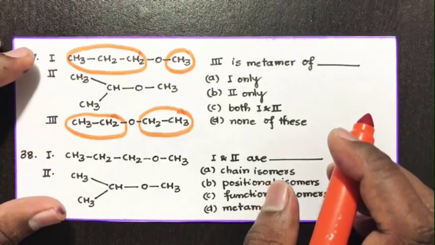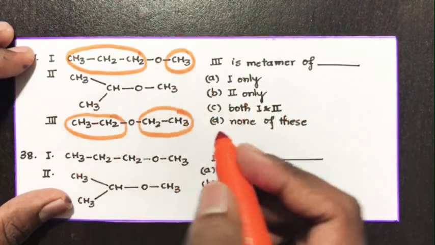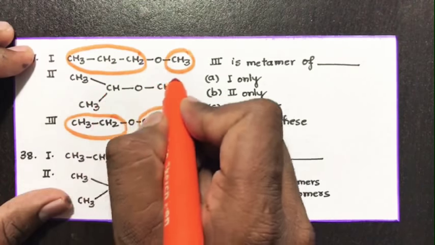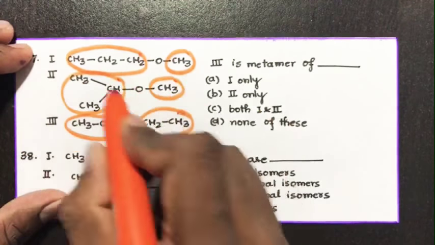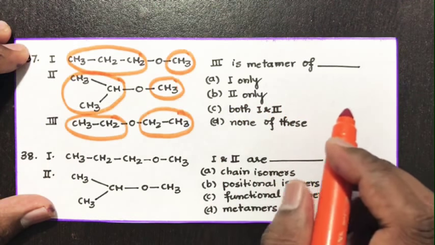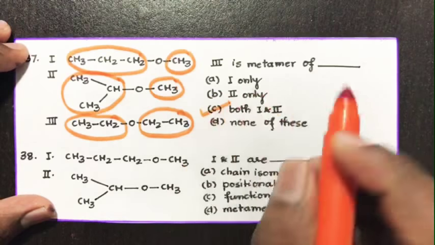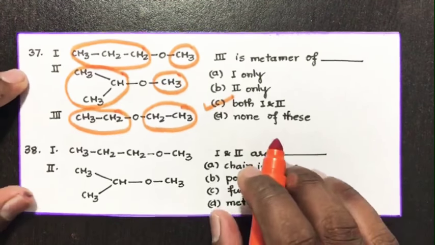So 1 and 3 will be the metamer, and now I am going to compare it with 2. Then again this is methyl and this is isopropyl, so again both of them are different. So 3 is the metamer of both 1 and 2. So this is the correct option in this case.